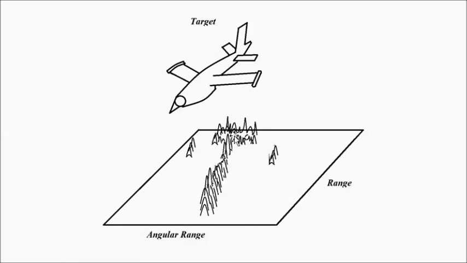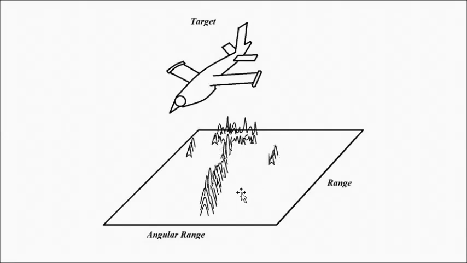The image profile is based on the angular and linear range information, the resolution, and depending on that, from the scattered, reflected echo signals, we form an image profile which varies in amplitude at different points.